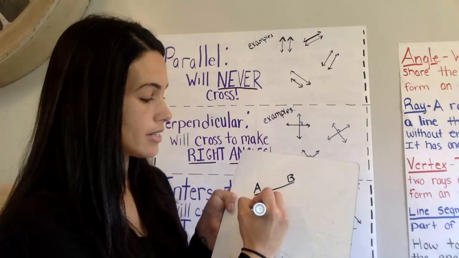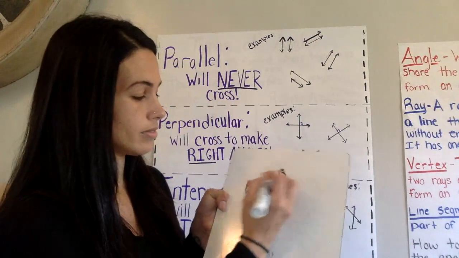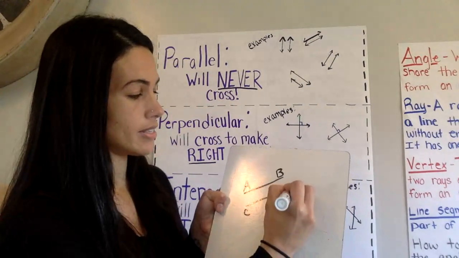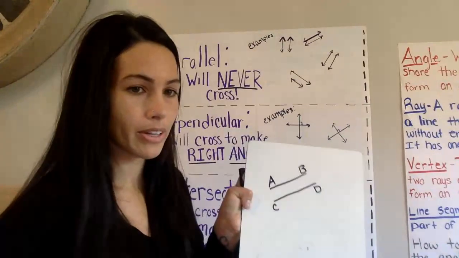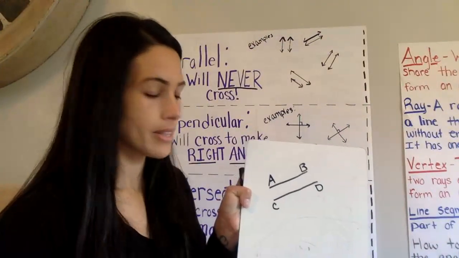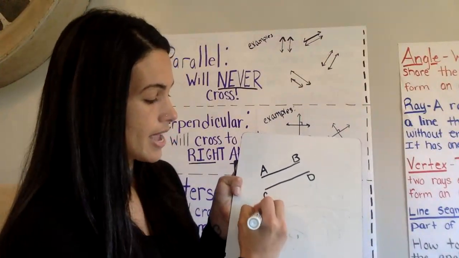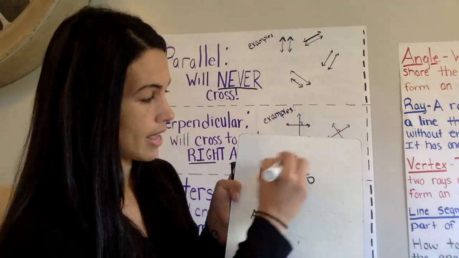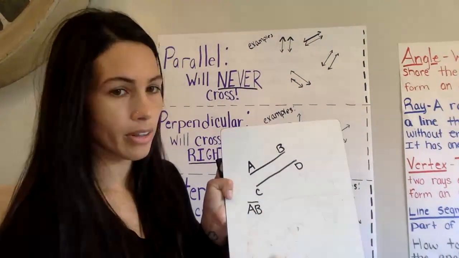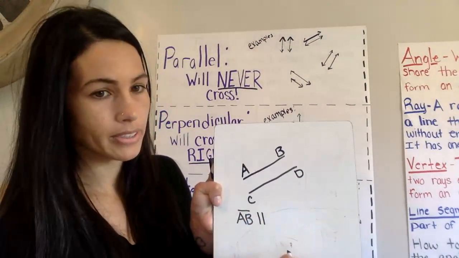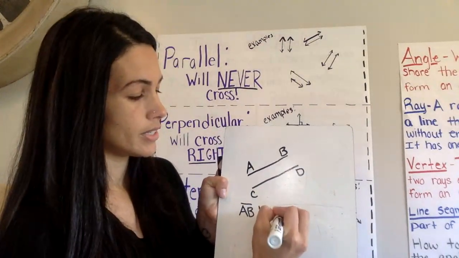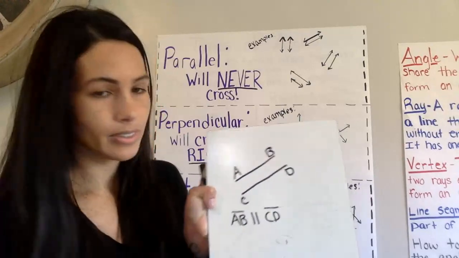So this line is AB and this line is CD. Okay, so these 2 lines are parallel to each other. If I wanted to write this, I would say line AB, that's the little line symbol, is parallel, that's the parallel symbol, to CD.